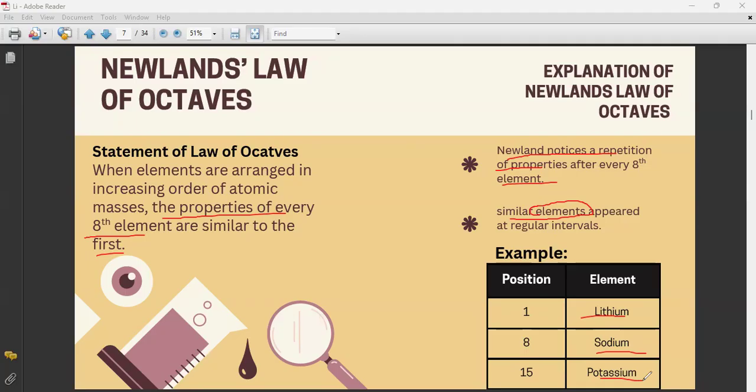Now, Newlands found a new way of showing the similarity between them. He showed that the first and the eighth element, when they are put into sets of 8, will show similar properties.